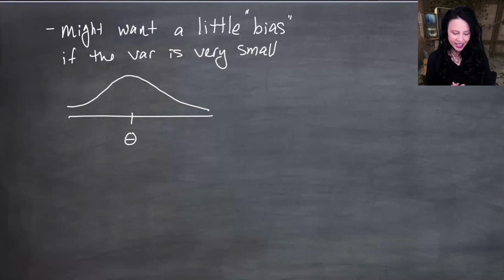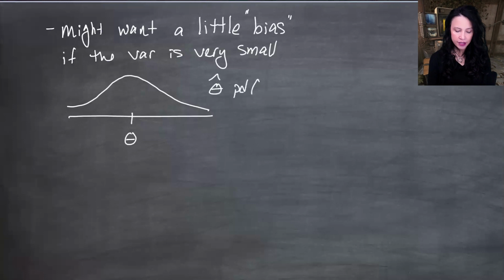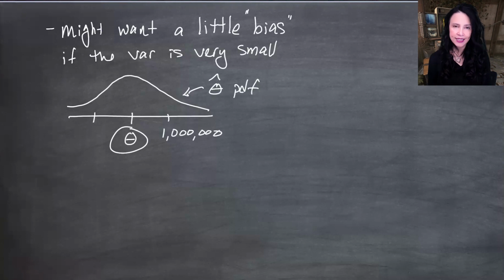So your theta hat PDF might look like this and be on average correct. But I don't know what numbers I have on here, but maybe this is like 1 million here. Maybe it's got a lot of spread. So even though on average you'll get the right value, if you only get to grab one sample of those students on campus who you're measuring, you would hope to not be so wildly varying.